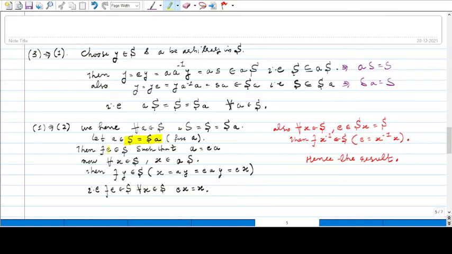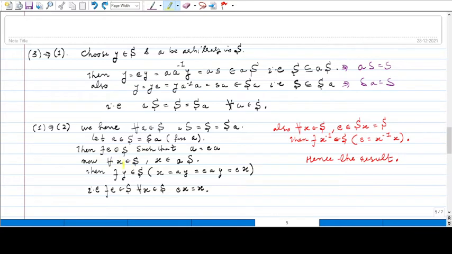Then there exists E, right? A belongs to SA means there exists E in S such that A equal to EA. Here I am not mentioning this is the identity, just an element. I am going to prove that E is in fact the identity.